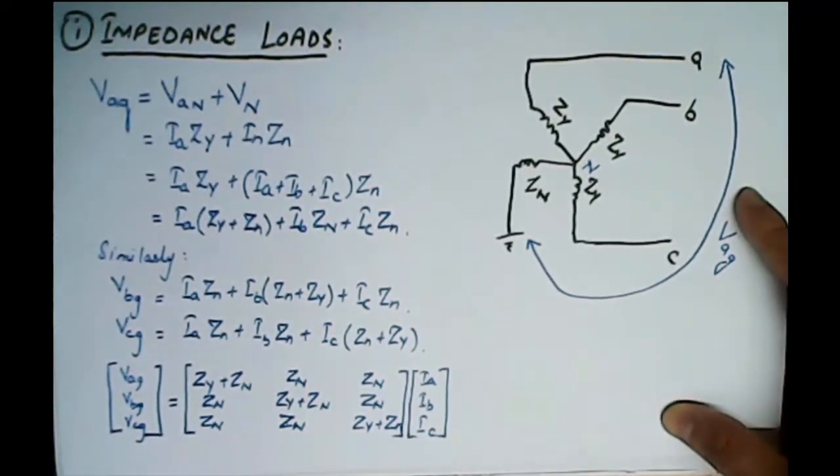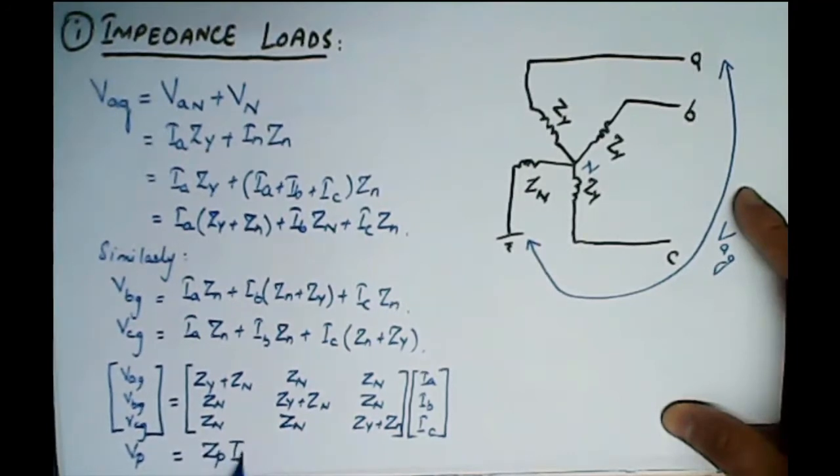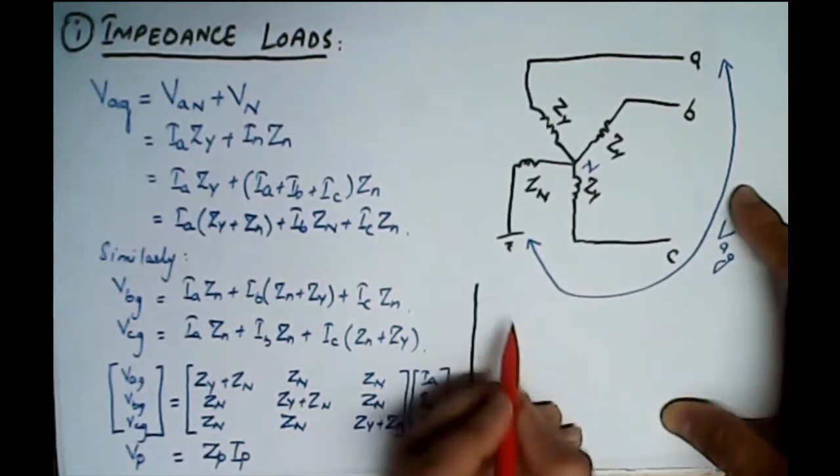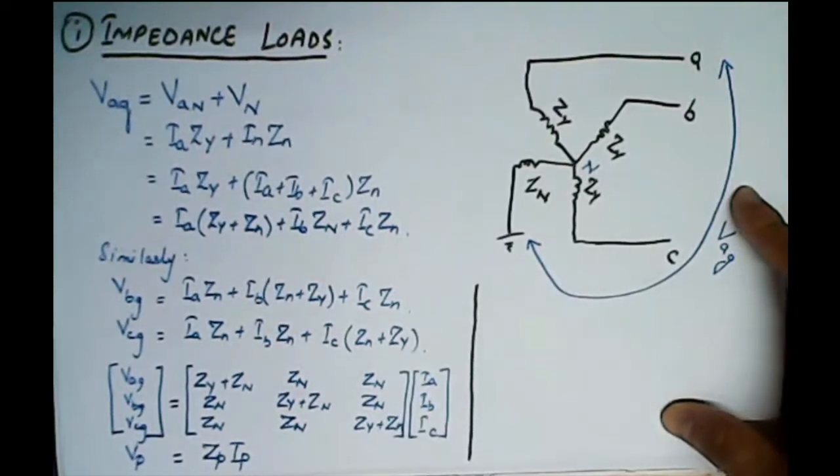We can also simplify this by just writing VP, that is V phase, equals ZP, that is the impedance matrix per phase, times I. And now we know that we can convert the phase voltages into the sequence components, as well as the phase currents into the sequence components, by using the symmetrical component transformation matrix.